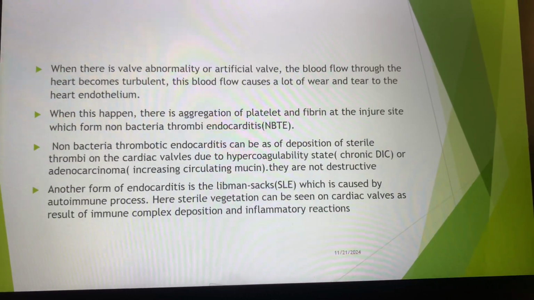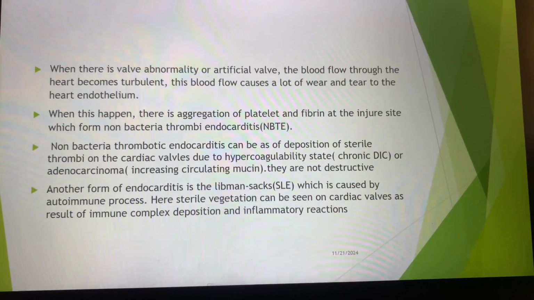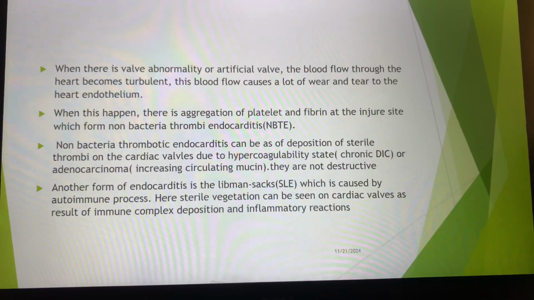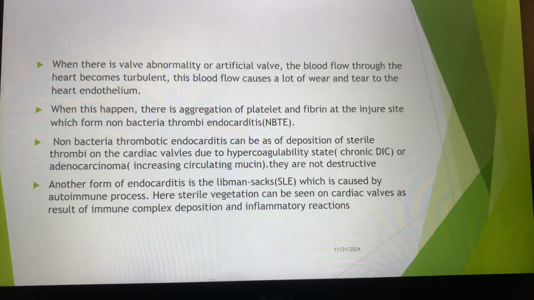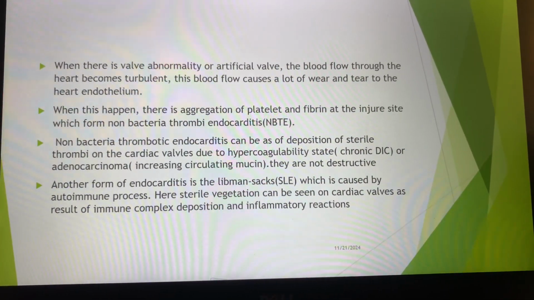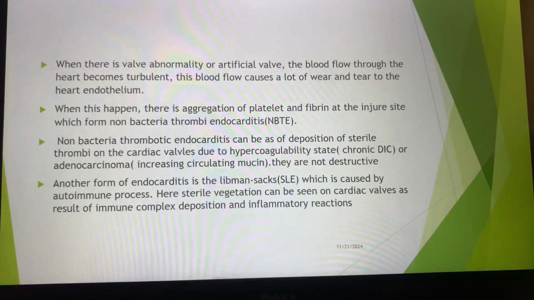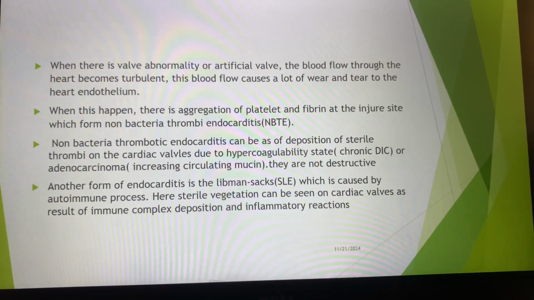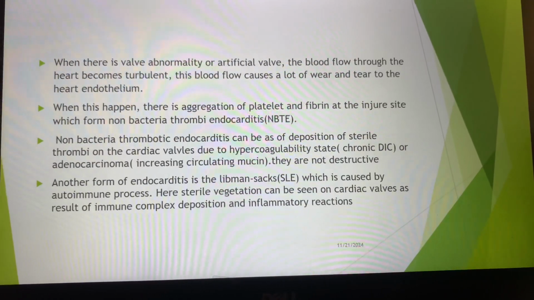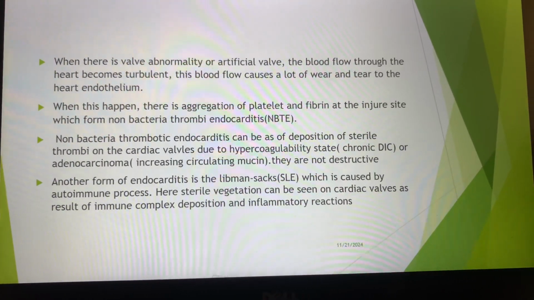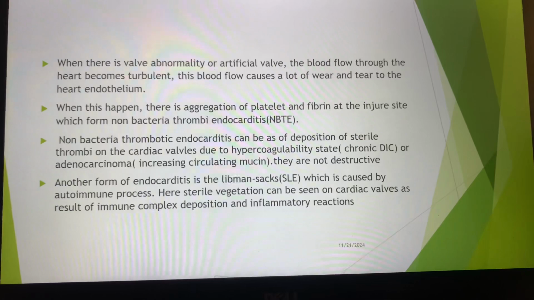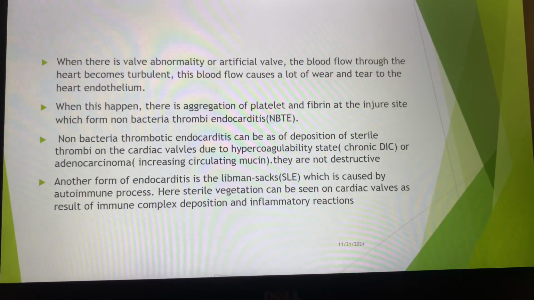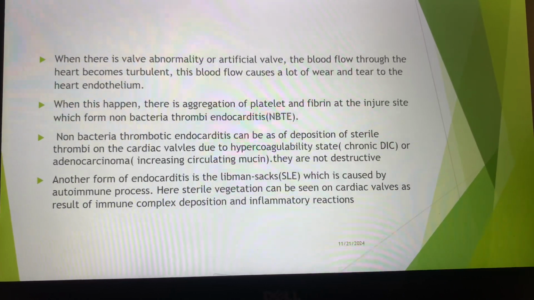This causes wear and tear to the heart endothelium. When there is an injured site, there is an aggregation of platelets and fibrin at the place where the injury occurred, and this forms non-bacterial thrombotic endocarditis.